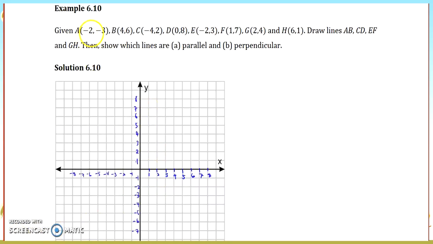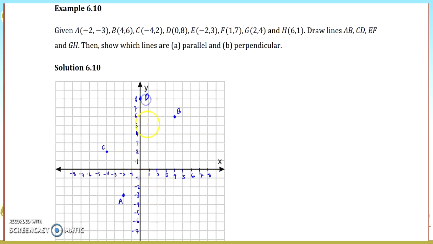Point A is (-2, -3), which is here. Label A. Point B is (4, 6). Label the point. Point C is (-4, 2). Point D is (0, 8).